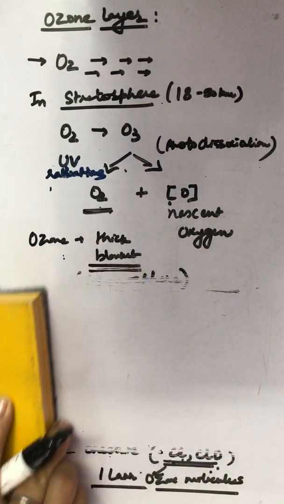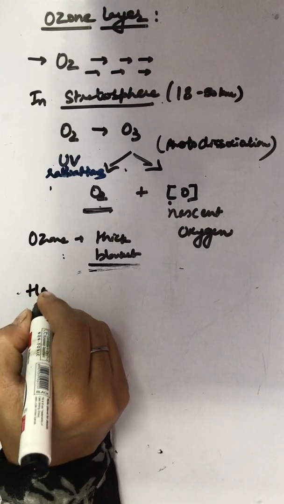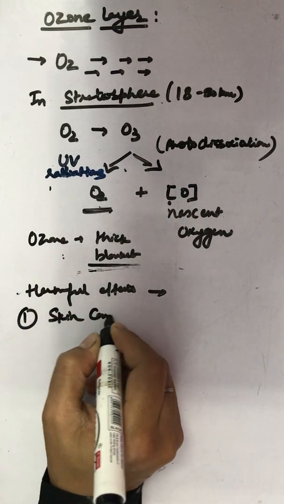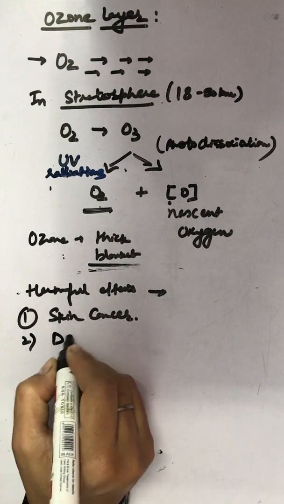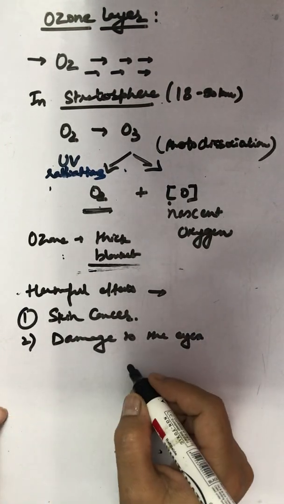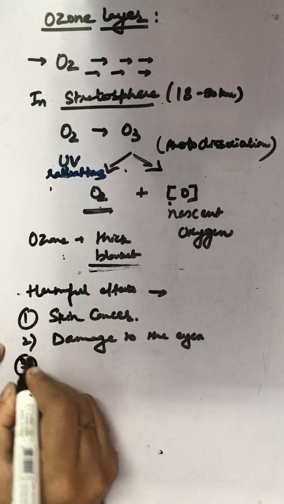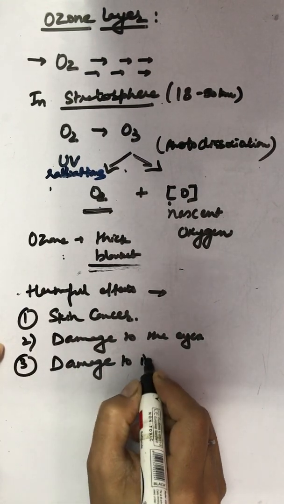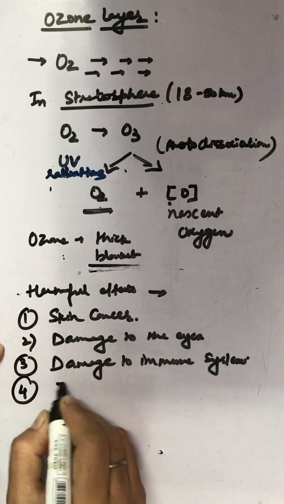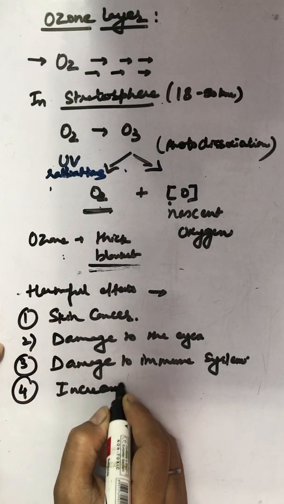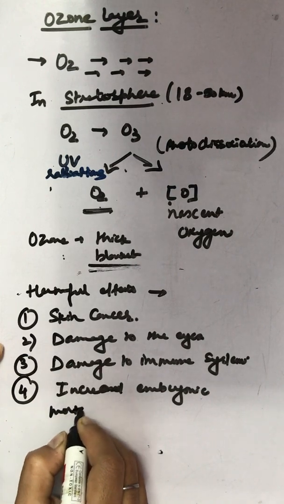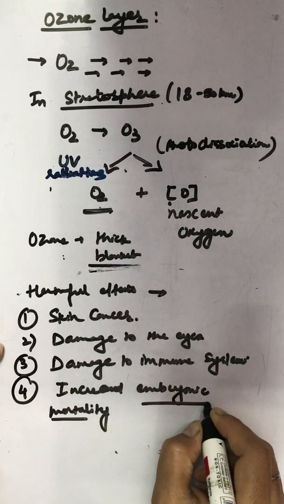What are the harmful effects? The harmful effects that we talk about are: number 1, skin cancer; number 2, damage to the eyes, normally increased incidence of cataract disease in the eye; then damage to the immune system; then increased embryonic mortality, that means embryonic deaths.